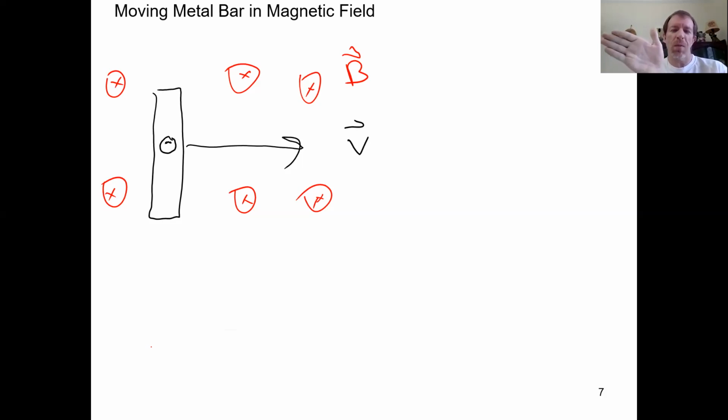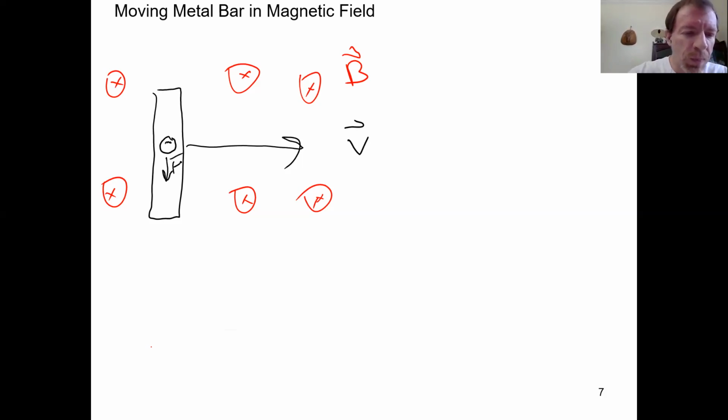So my palm is facing the screen. And then my fingers can curl in that direction towards the screen. So the force on this charge would be upwards, right? Well, it would be, except for the fact that it's an electron and everything gets flipped. So as a result, there's a force downwards here.